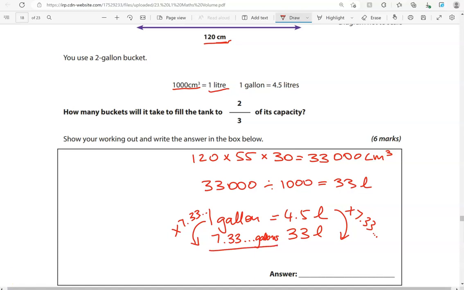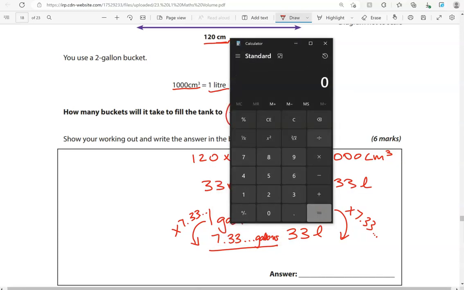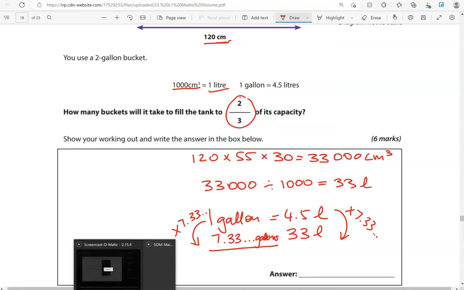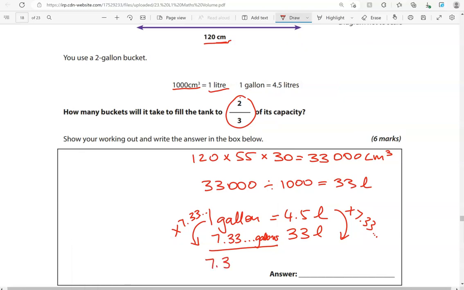To work out 2/3 of it, we're going to divide it by 3 and multiply by 2. So divided by 3 times 2 gives us 4.89 gallons.